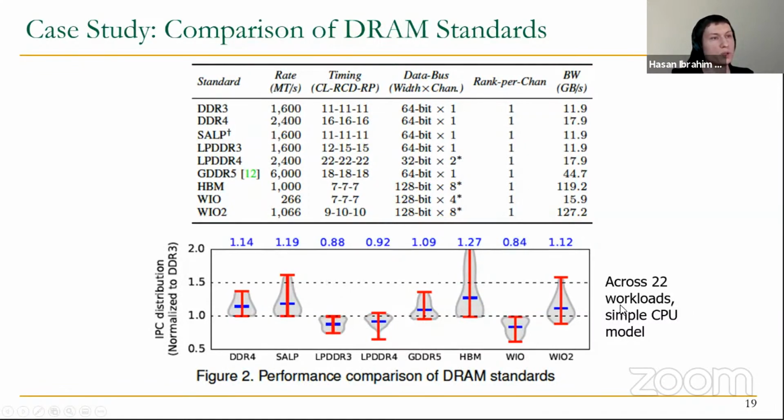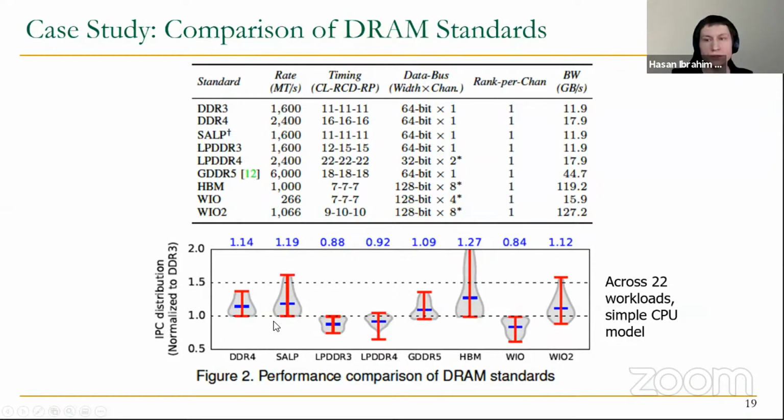We ran the simulation across 22 workloads using a simple CPU model. This plot is showing IPC, which stands for instructions per cycle, and this is a distribution across the 22 workloads. Here we show the minimum and maximum IPC of these 22 workloads, and the average is shown with the blue line.